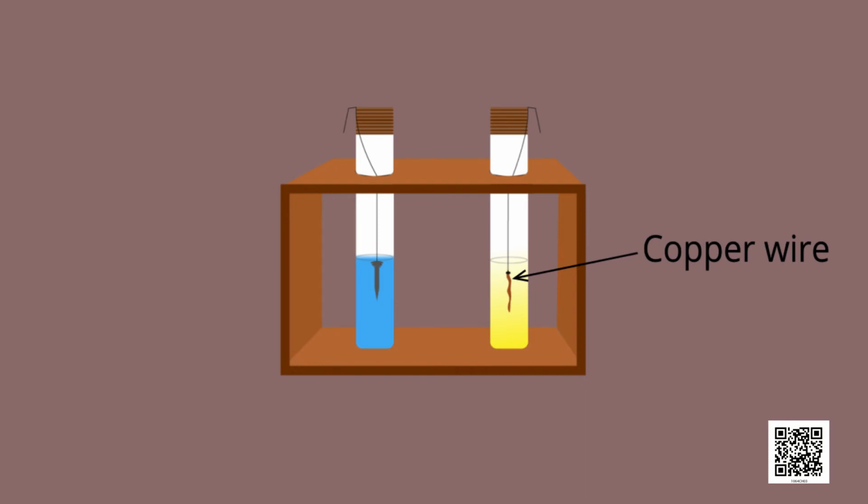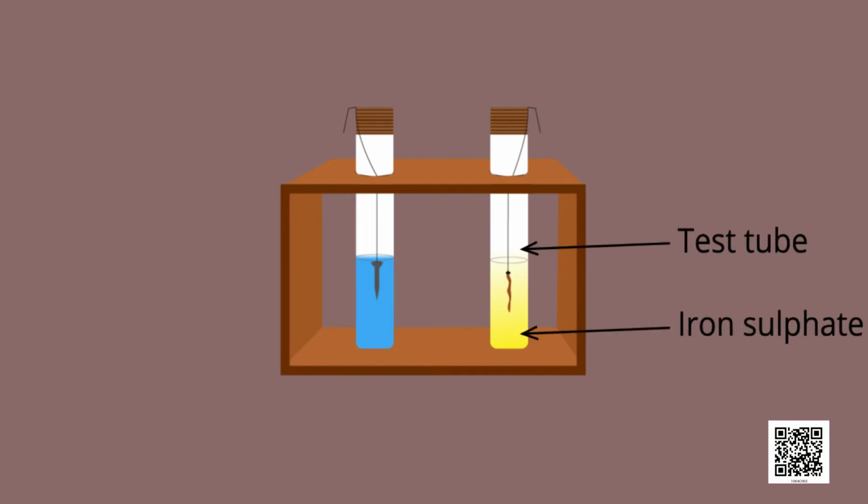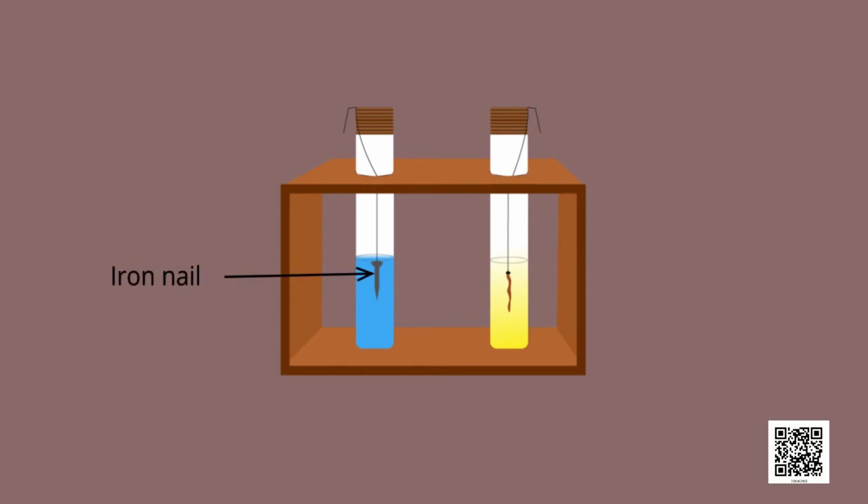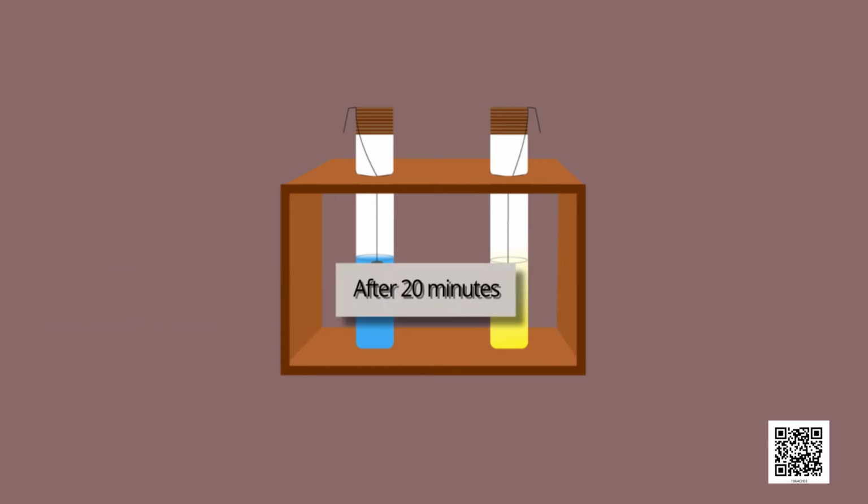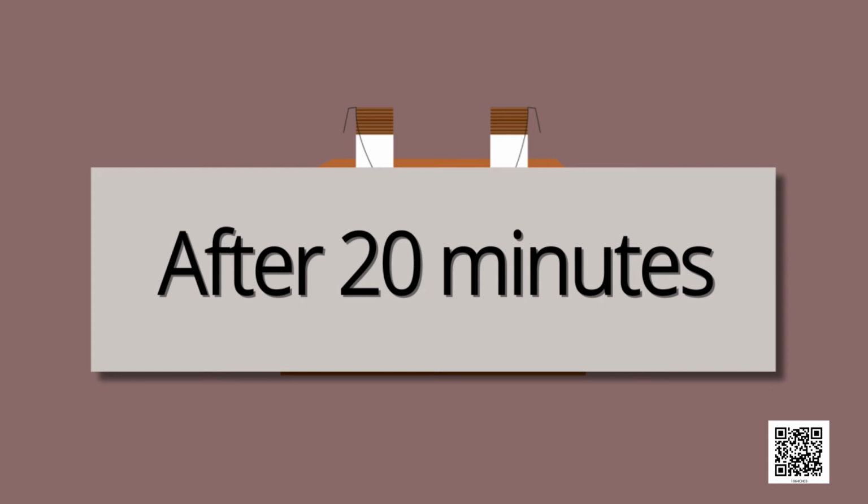Put the copper wire in a solution of iron sulfate and the iron nail in the solution of copper sulfate taken in test tubes. Record your observations after 20 minutes.